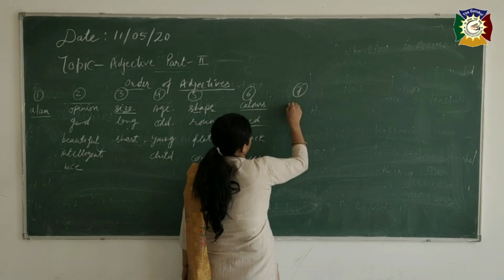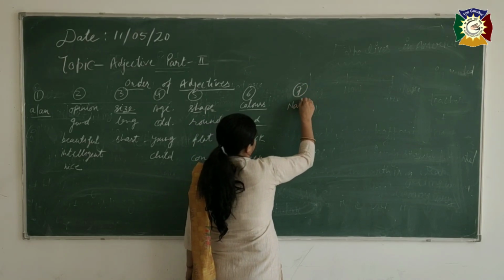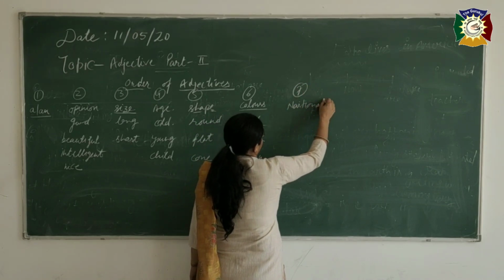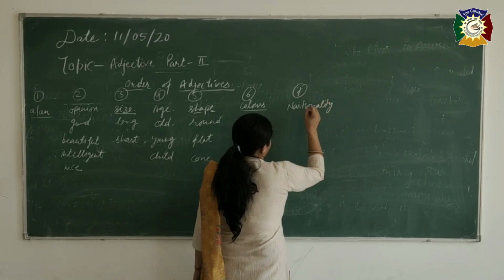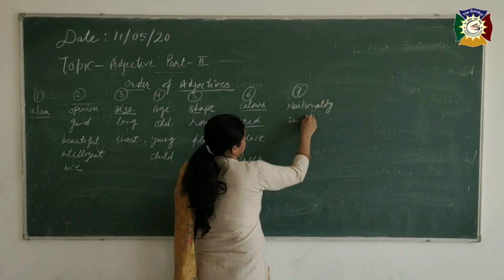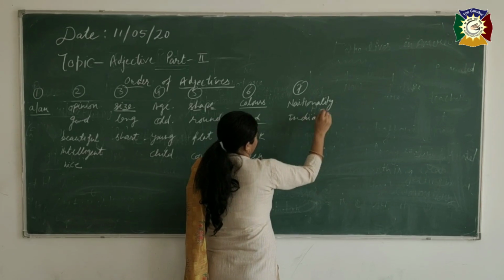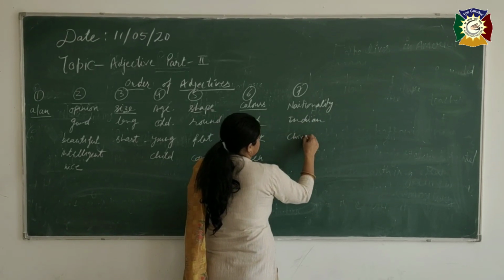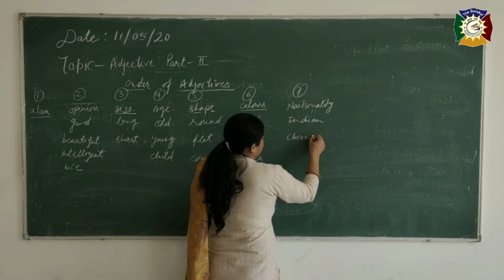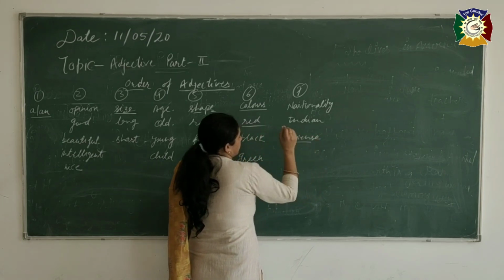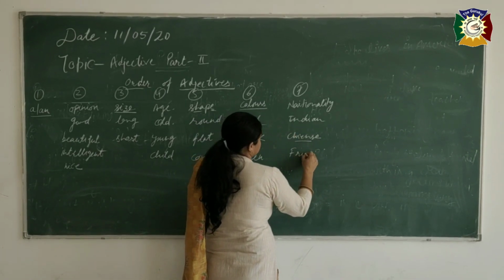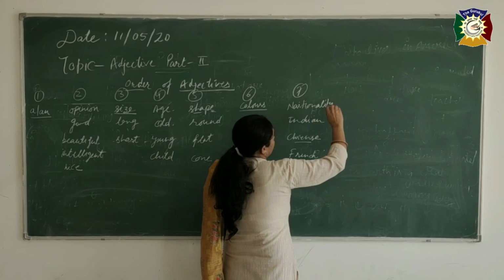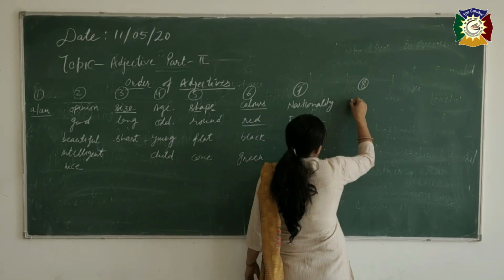Seventh position goes to nationality, like Indian, Chinese, French. And the last is material.